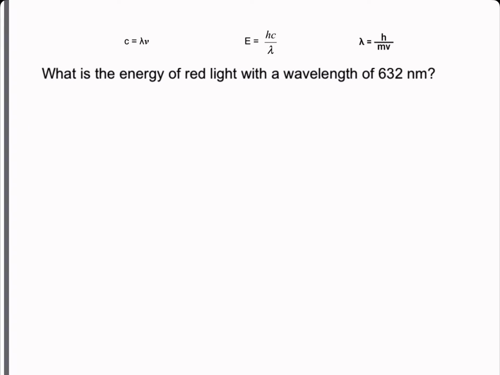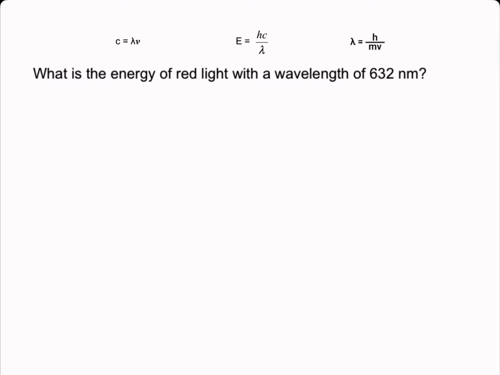Let's take a look at another example. What is the energy of red light with a wavelength of 632 nanometers? I'm going to start off with my given. What is the energy? That's my question. Wavelength is lambda, so that's 632 nanometers.